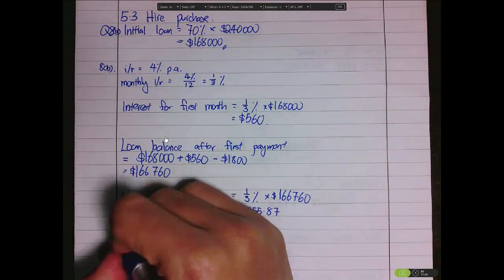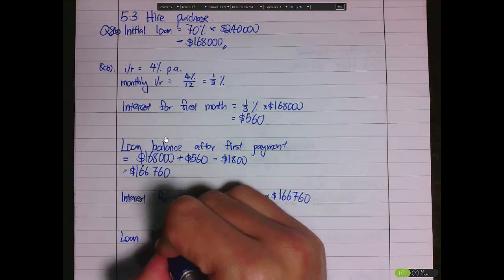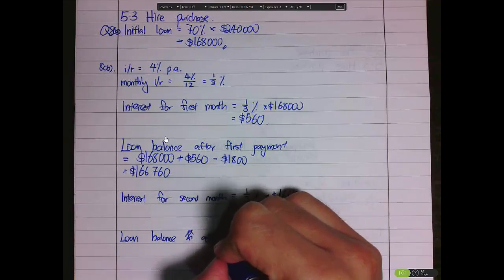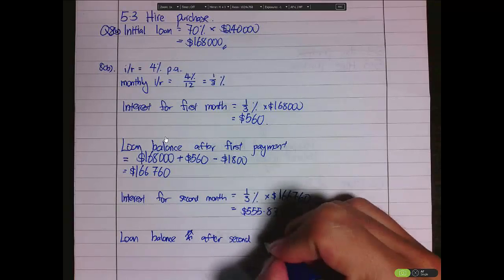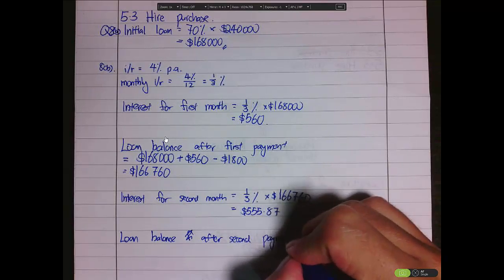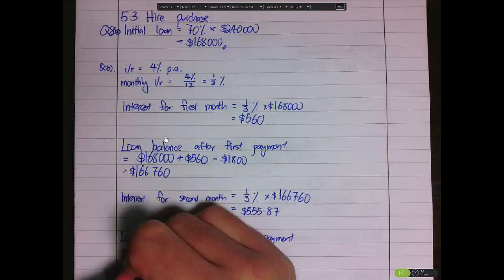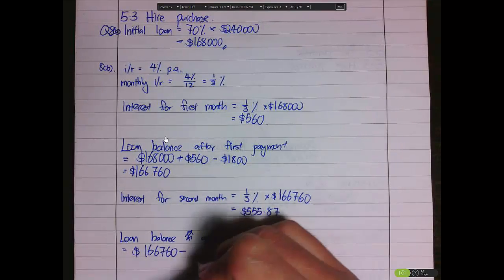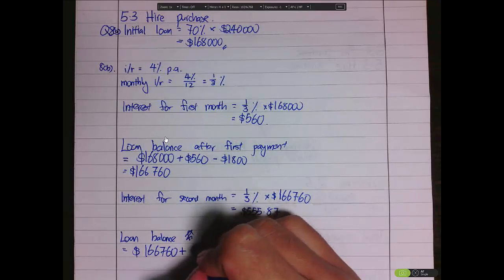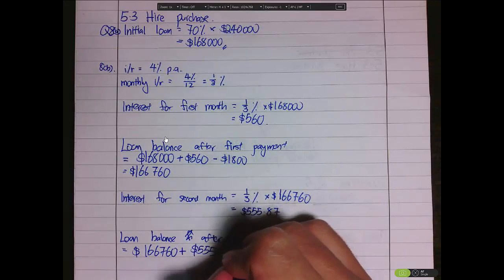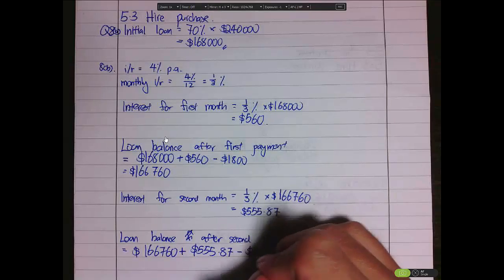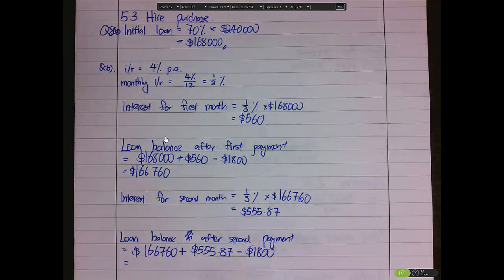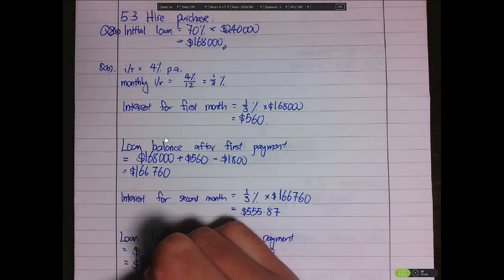So that means the loan balance after the second payment is equal to how much he still owes: 166,760 plus the interest he has to pay back, 555.87, minus away $1,800. So after that, he still has to pay this amount, which I don't want to read.